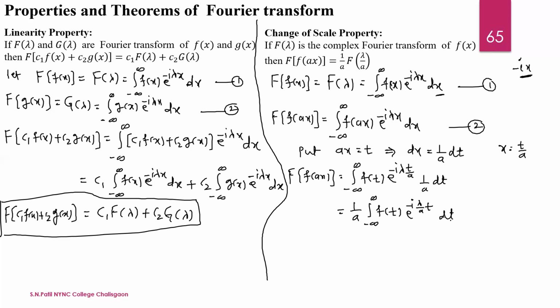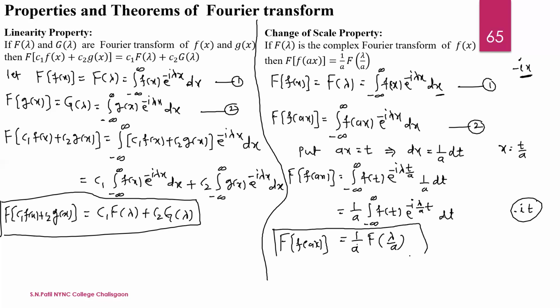Now here, in the integration with respect to t, the coefficient of minus it is lambda upon a, so we write capital F of lambda upon a. So this is the required change of scale property: the Fourier of f of ax is equal to 1 upon a times capital F of lambda upon a.